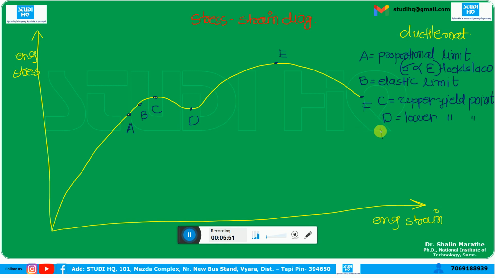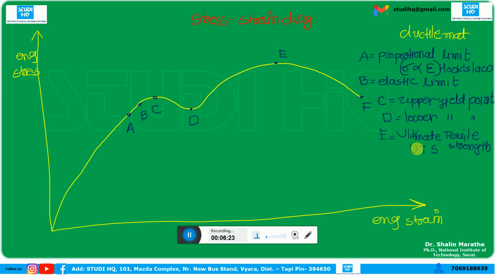Then we have point E, that is the ultimate tensile strength, known as UTS, and that is the maximum stress, or we can say the strength, that a material can possess.